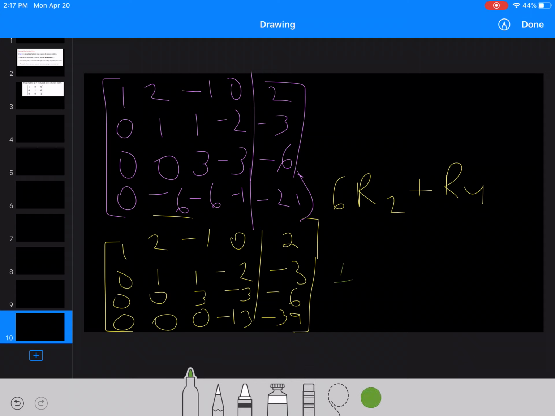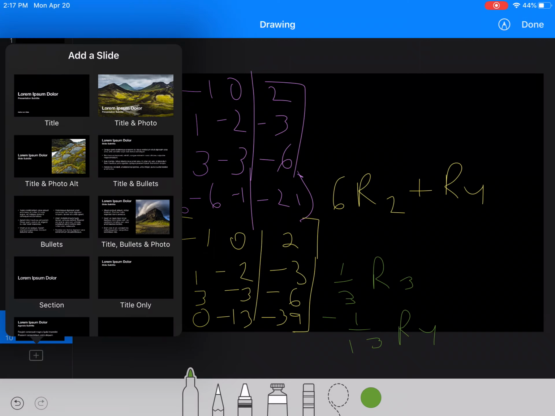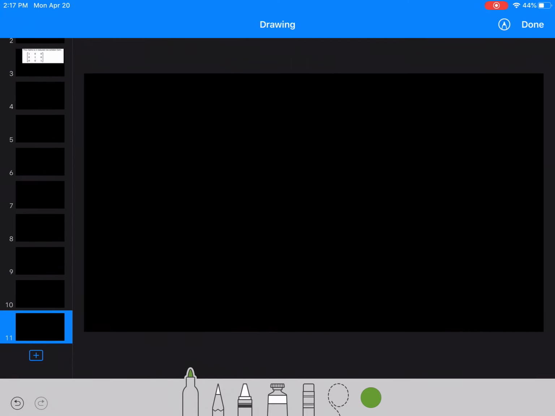So I'm going to do 1/3 times R3. And then we just need to do negative 1 over 13 times R4, which will get rid of those leading terms there. And that matrix will look like this once we're all said and done.